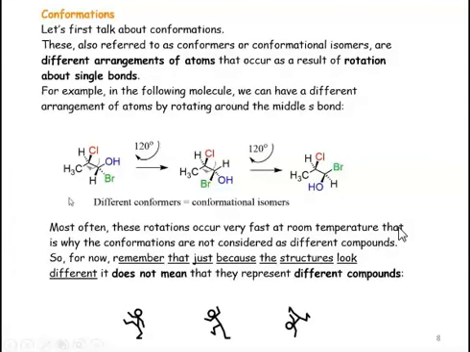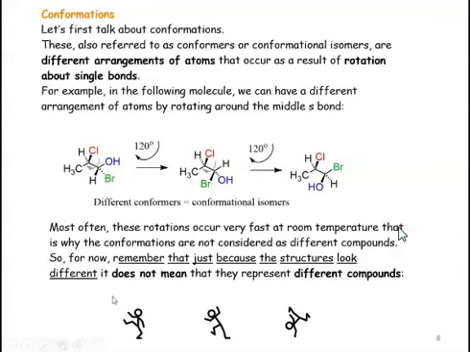Even though we have rotated it and obtained three different conformations, such conformational changes occur at very frequent intervals at room temperature, so we do not consider these three conformations as three different compounds. For example, whatever pose the man acquires, the man remains the same.